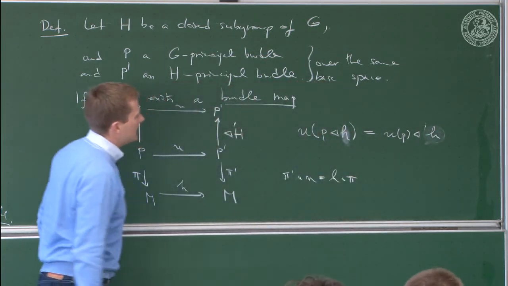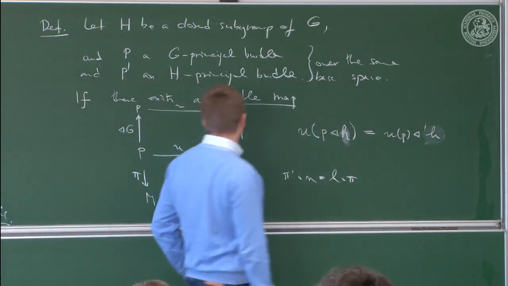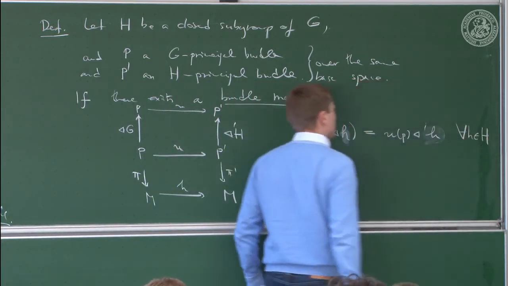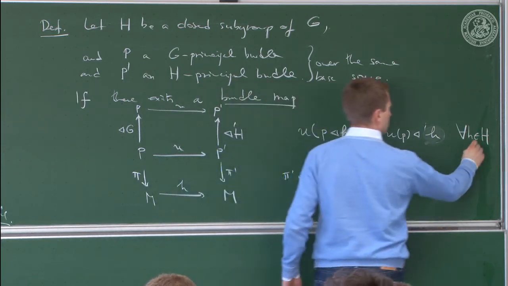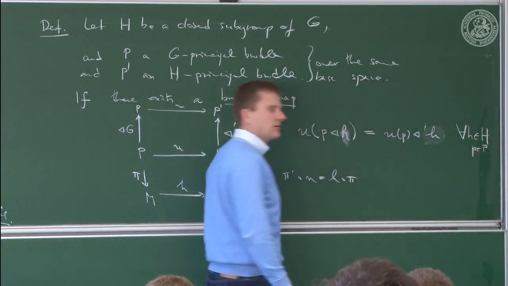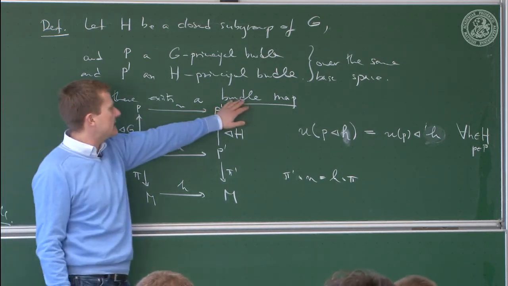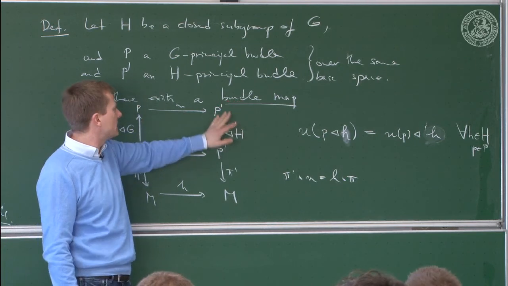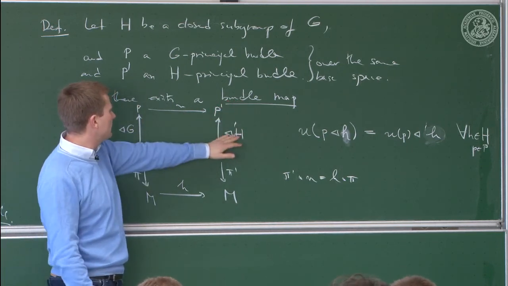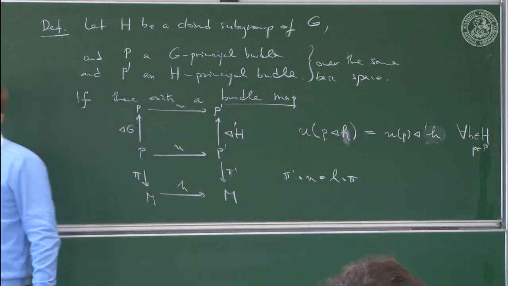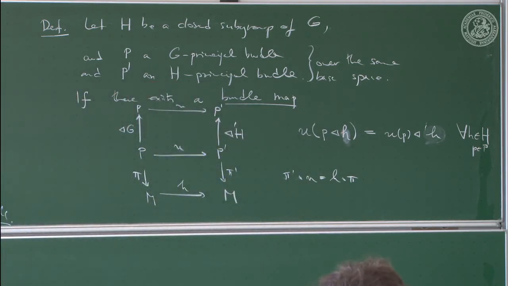Then I use an H here, and I require this not for all G, but only for all the H in the subgroup. Of course, for all P in P. Okay? So in a sense, this is an appropriate weakening of the idea of a principal bundle map, by requiring this principal condition only for the subgroup.